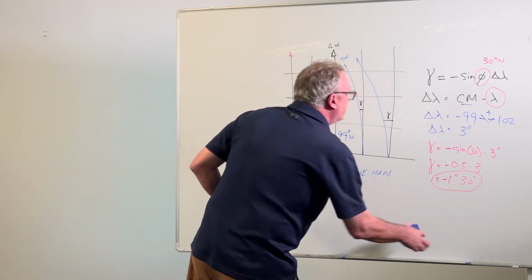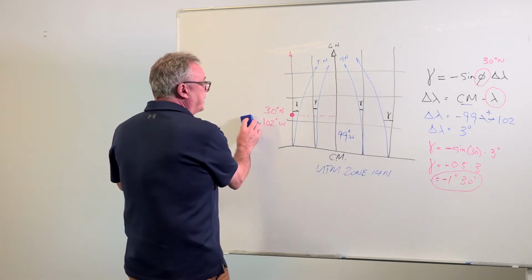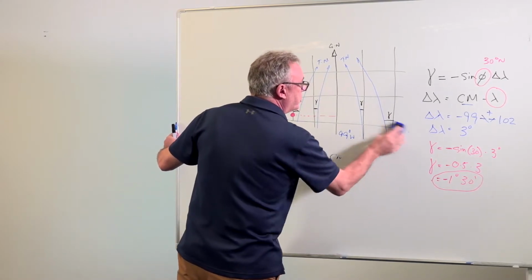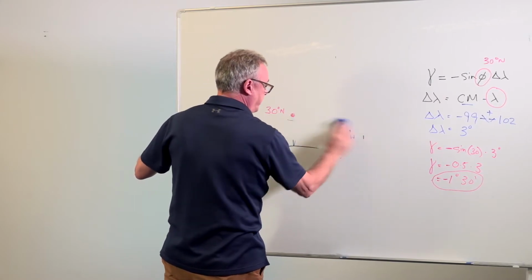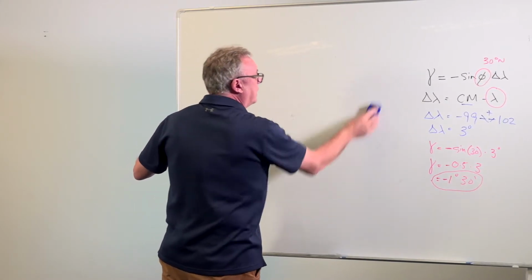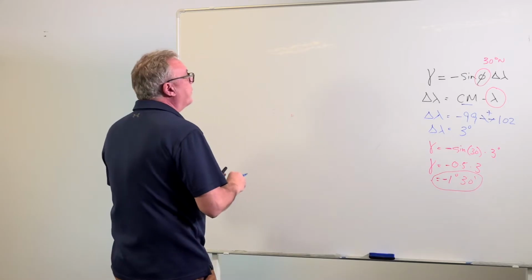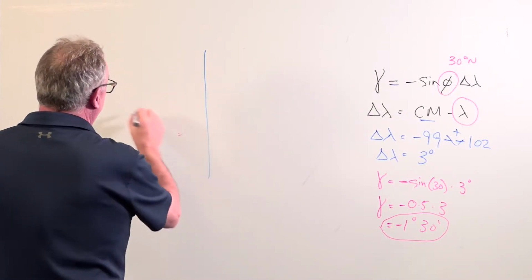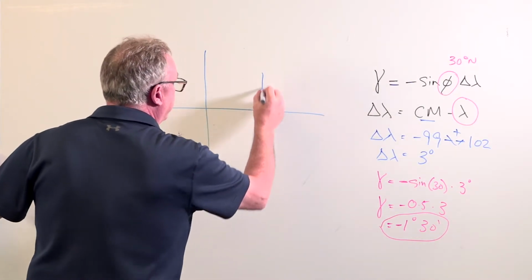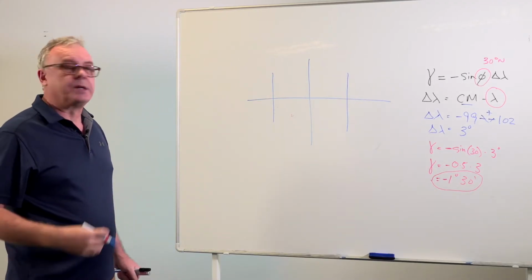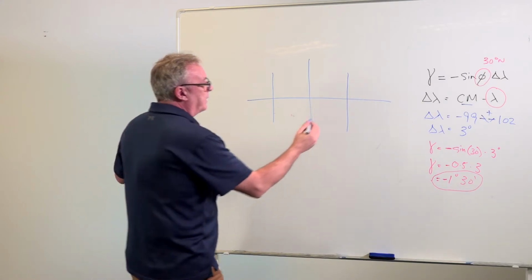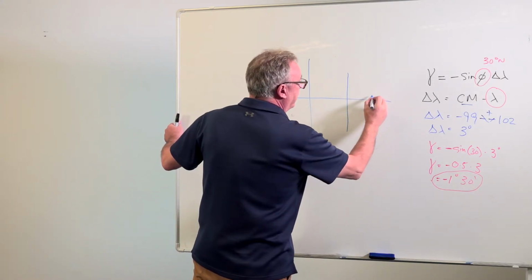Now, one other thing we mentioned there is that we need to be cognizant of the sign convention and also the sign that we apply to the grid convergence. I just want to quickly draw a simple diagram for you, which will show how the sign of convergence will vary between the different quadrants we can find ourselves within when we're on the Earth and we're mapping parts of the Earth.